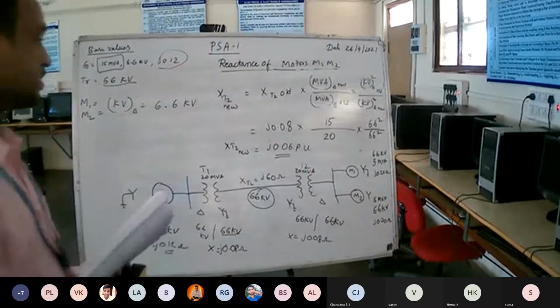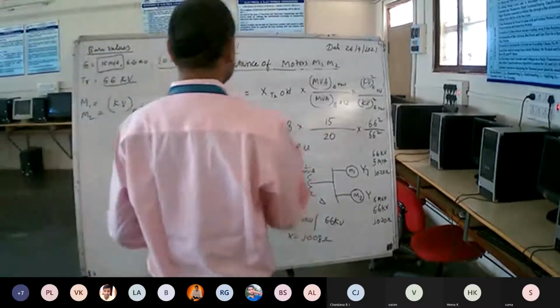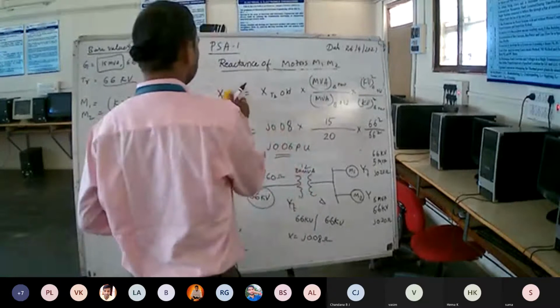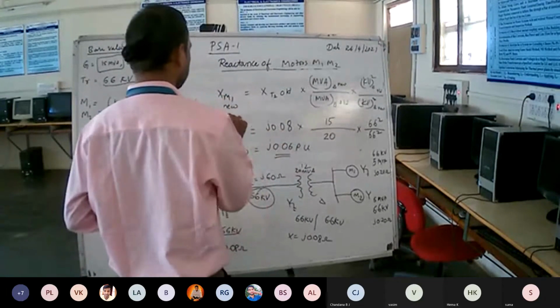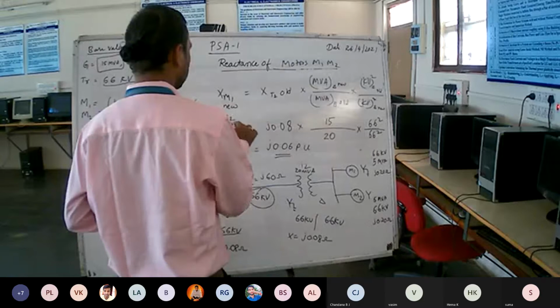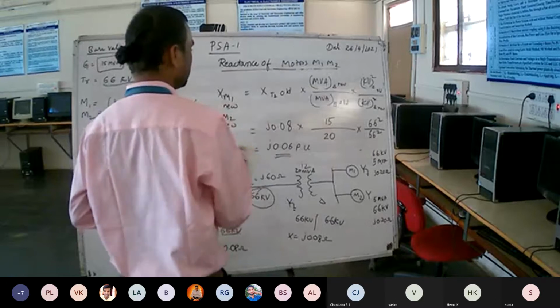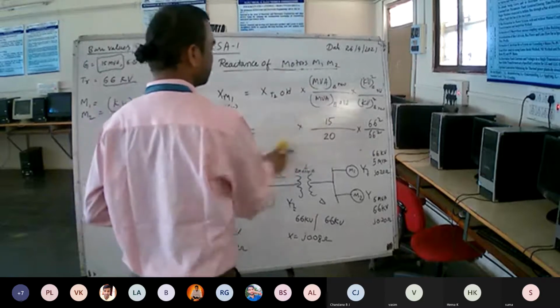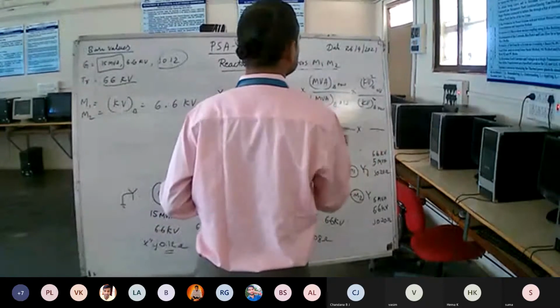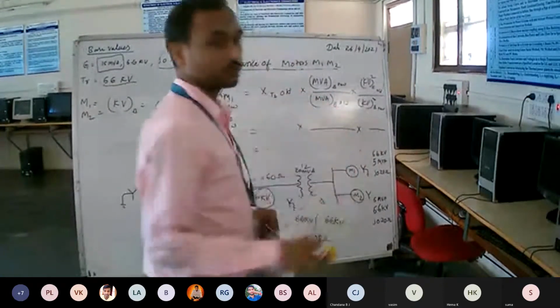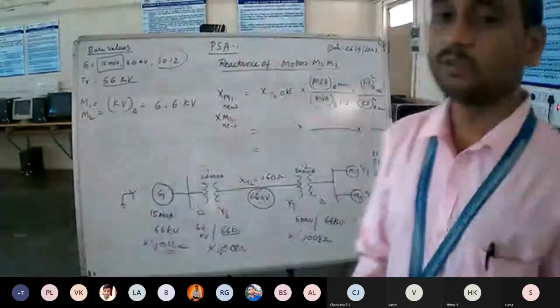That is XM1 new and XM2 new is equal to how much, for motor 1 and motor 2?